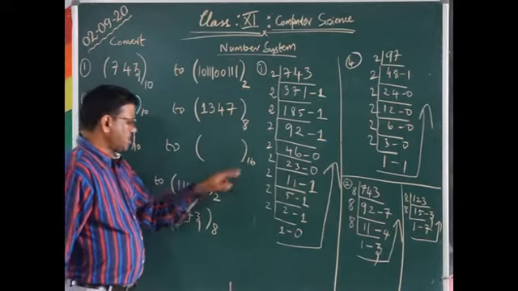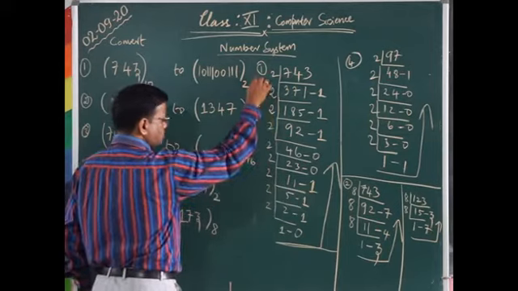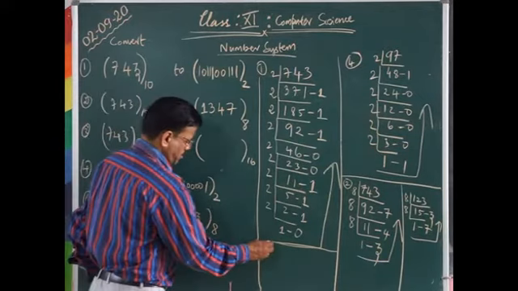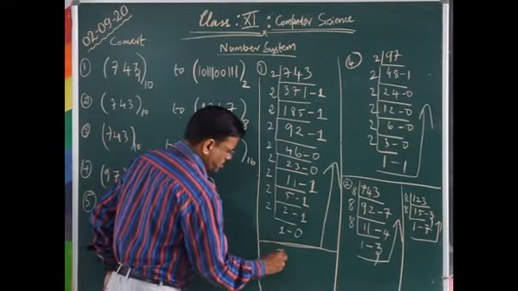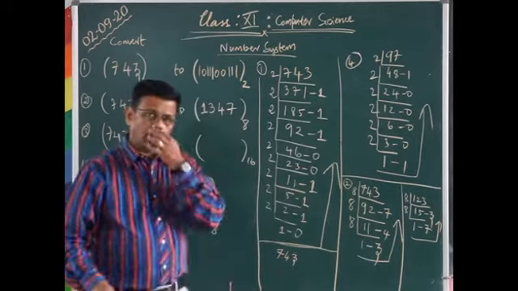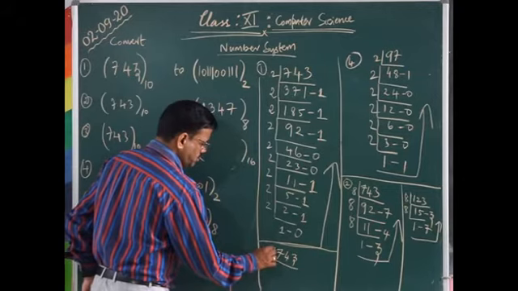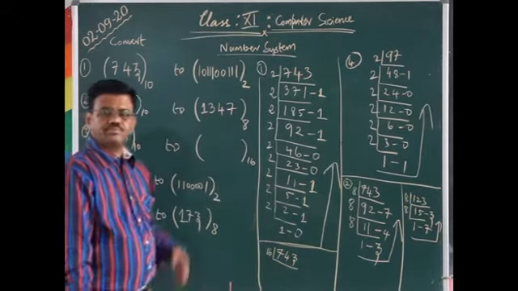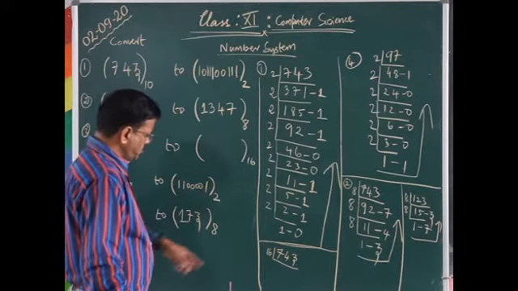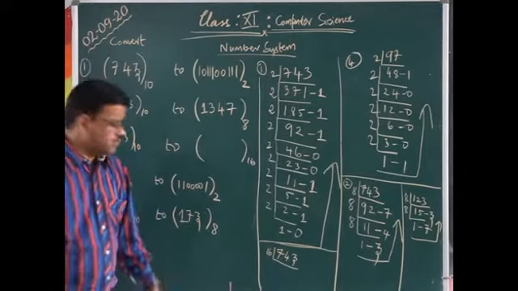Now let's take the same problem. 743 of decimal we need to convert into hexadecimal. Divide by 16. 16 5s are 80, 16 4s are 64.